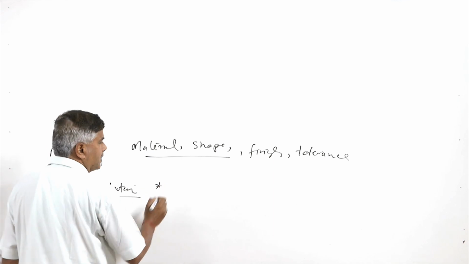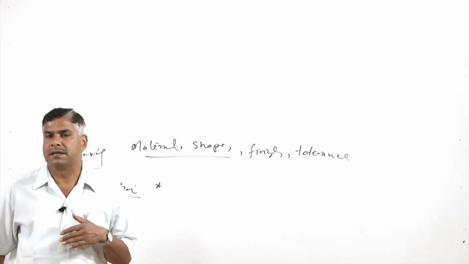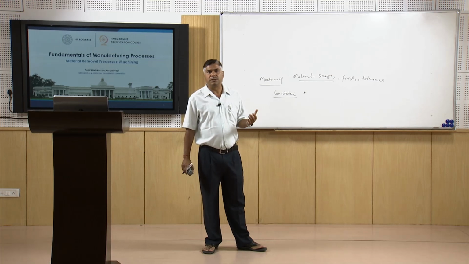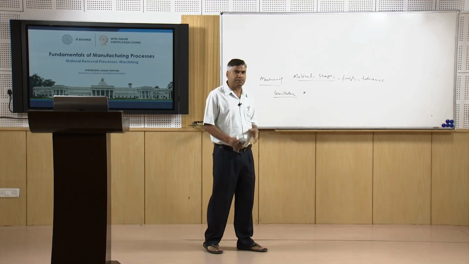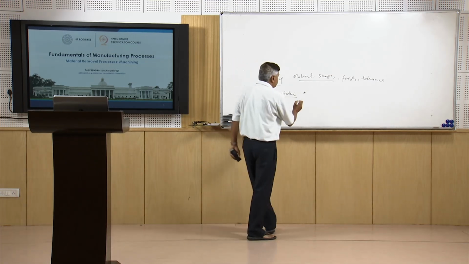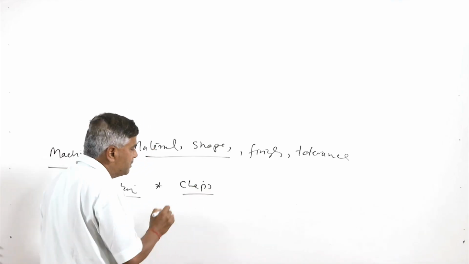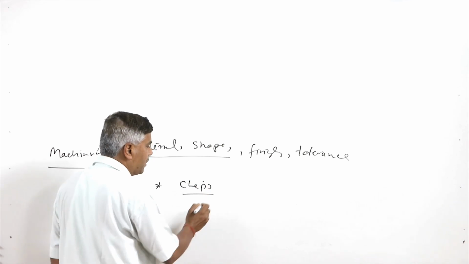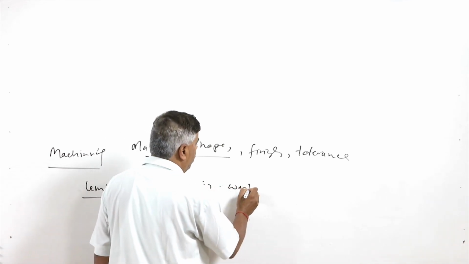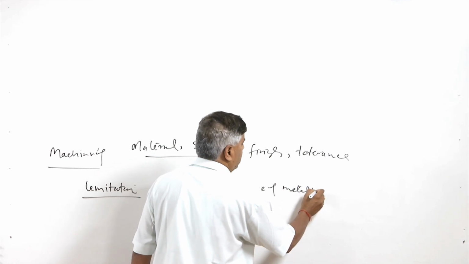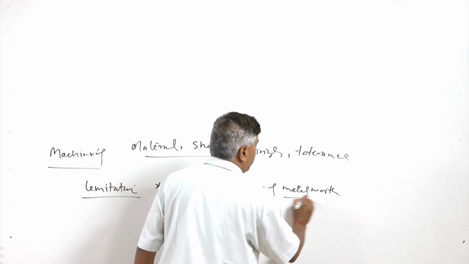So, one is, since the machining approach is based on the removal of the extra unwanted material in the form of fine chips, removal of the material in the form of fine chips from the stock is just like wastage of the metal worth, because this cannot be used for any other purpose.